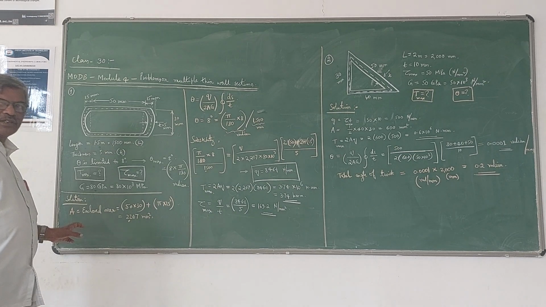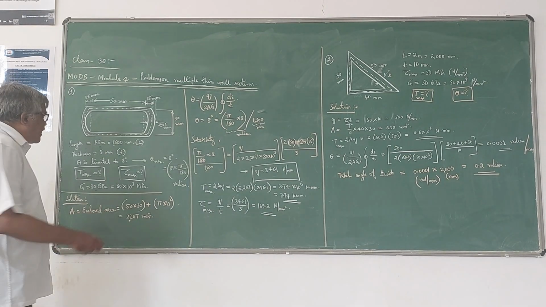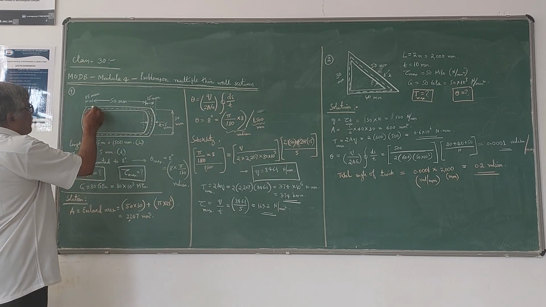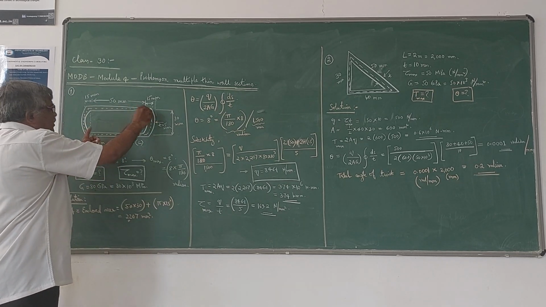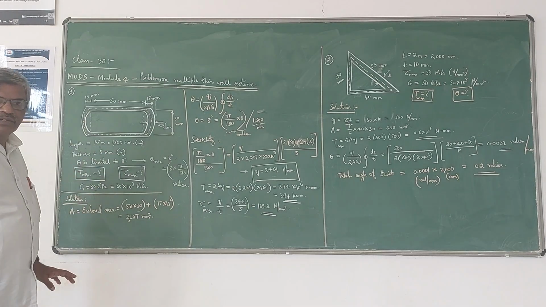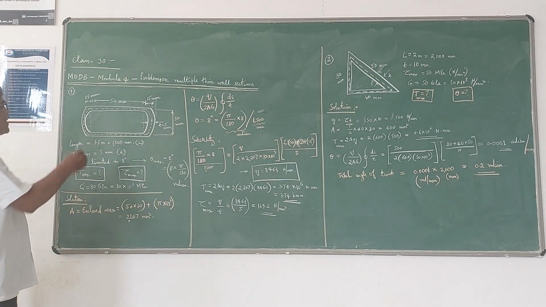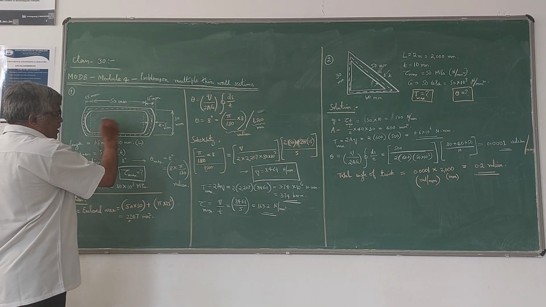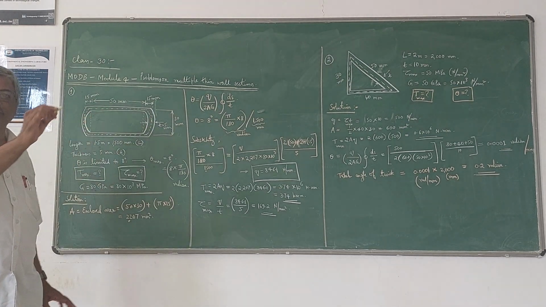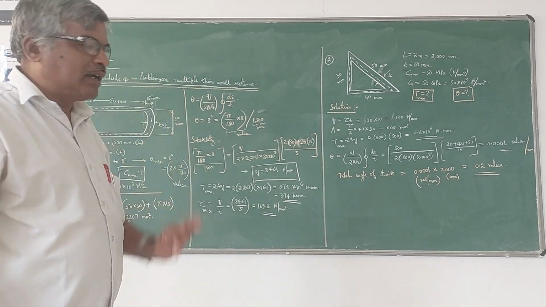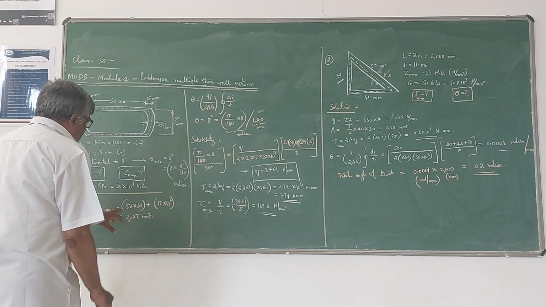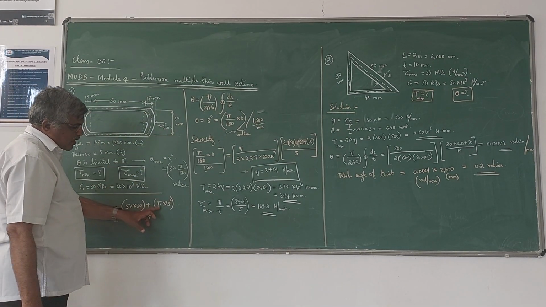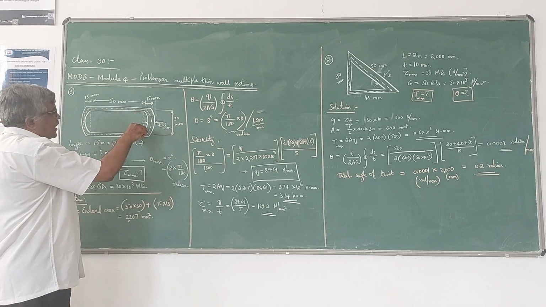We have to calculate what is called the enclosed area. The enclosed area is the area enclosed within the center line. In this case, it consists of a rectangular part and two semicircular parts. If you add these two semicircular parts, you get one full circular part. So the area of the rectangular part is 50 by 30 mm square, plus the area of the circle.